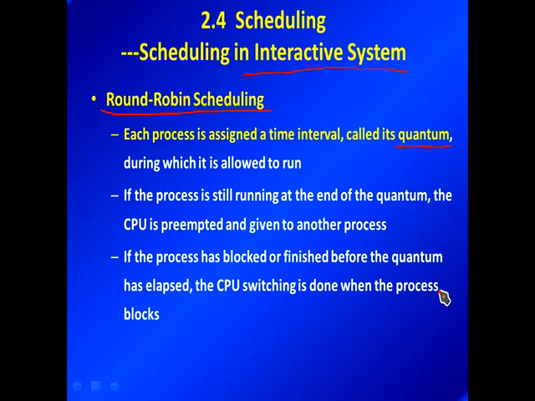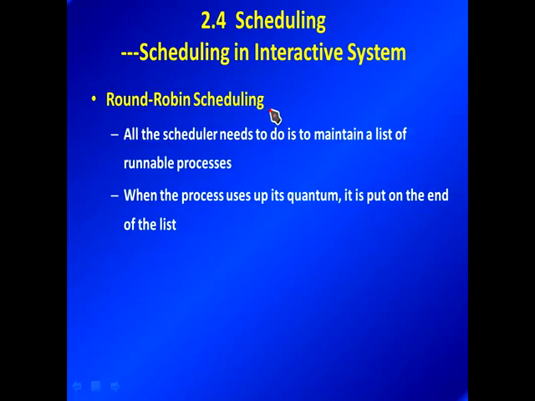But you can see for this algorithm, you need to design the length of the quantum very carefully, because the different length of the quantum will bring different performance for the whole system.